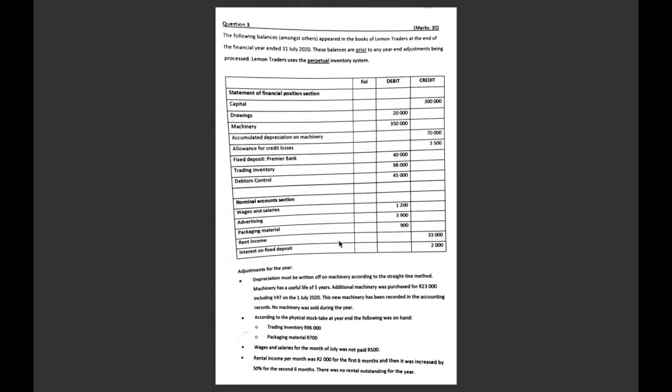So there we have our pre-adjustment trial balance. First adjustment for the year: depreciation must be written off on machinery according to the straight line method. Machinery has a useful life of 5 years. Additional machinery was purchased for 23,000, including VAT, on the 1st of July.